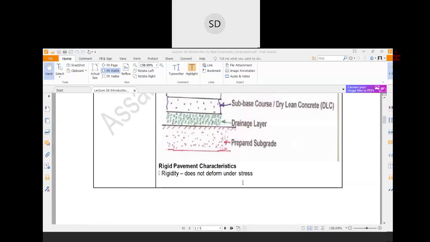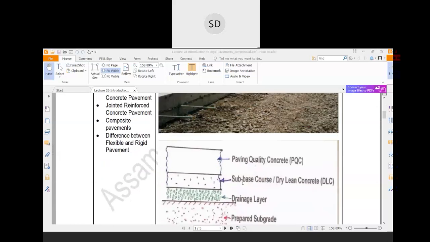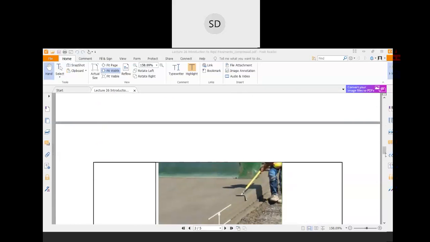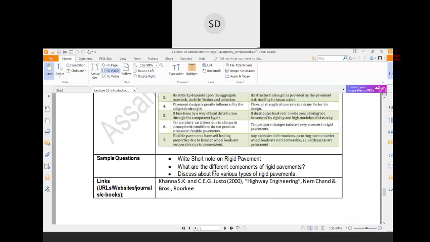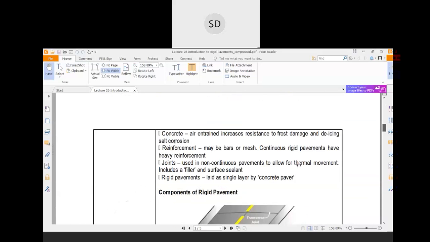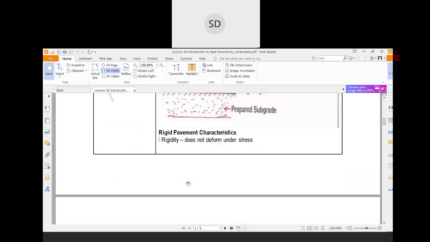So for a short note on the rigid pavement, you can write it from over there. In this you have to write out what the different characteristics of the rigid pavement are and what a rigid pavement is. Then what the different components of the rigid pavement are.